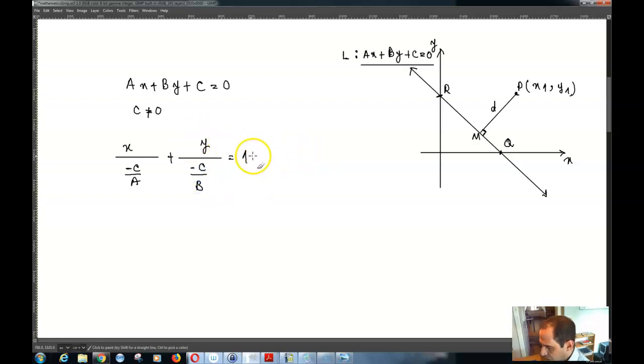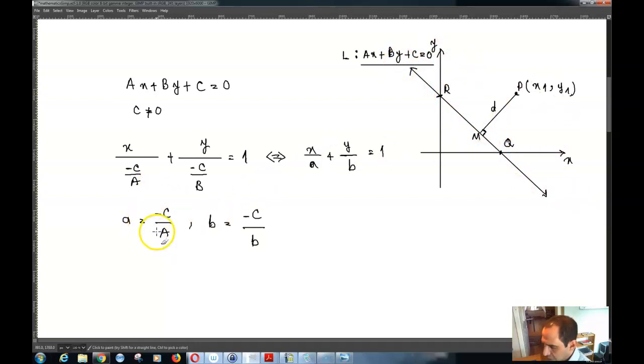And as we compared this to x over a plus y over b is equal to 1, we concluded that a is equal to negative c by a and b is equal to negative c by b. That means that the x-intercept of this line is negative c by a.